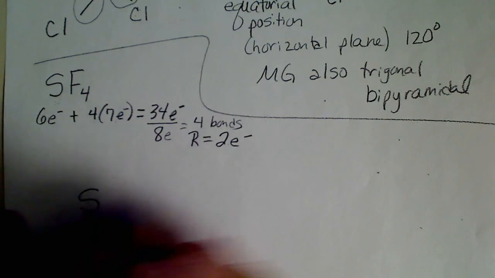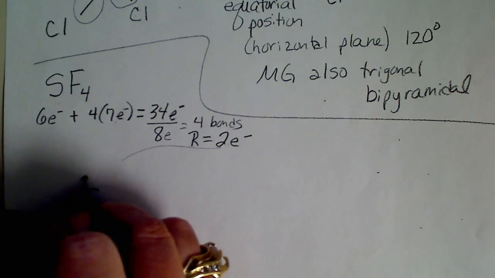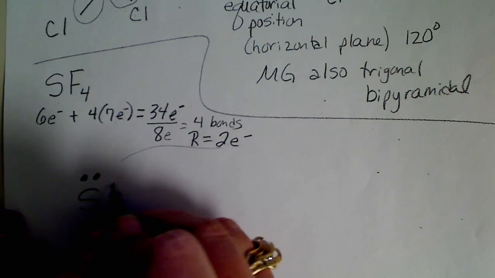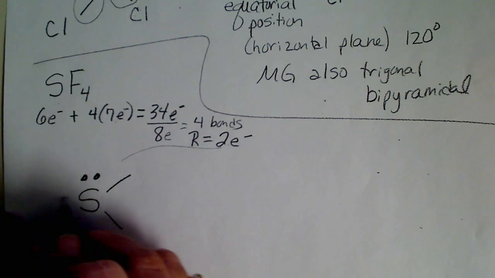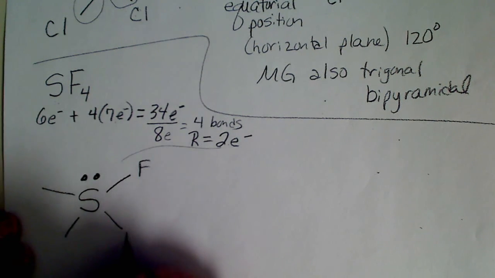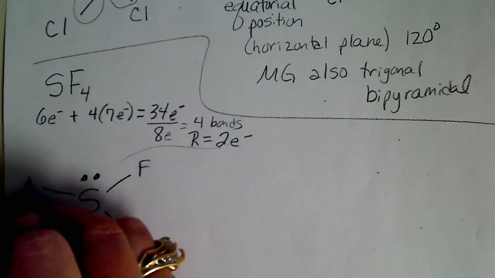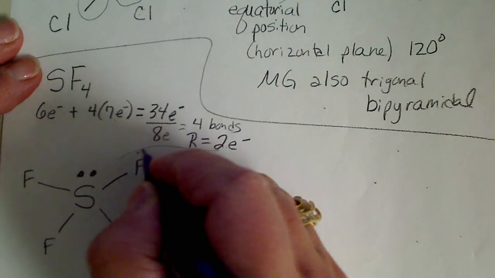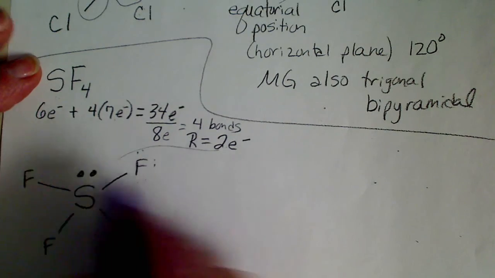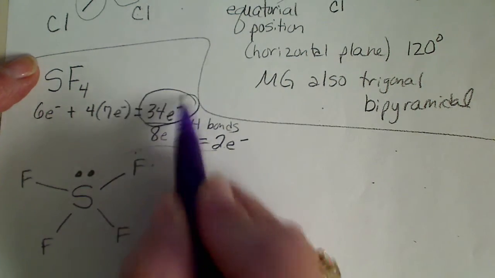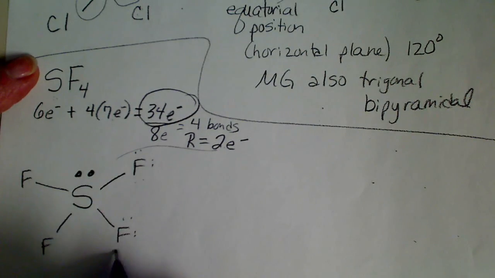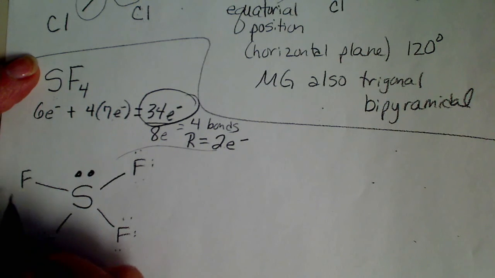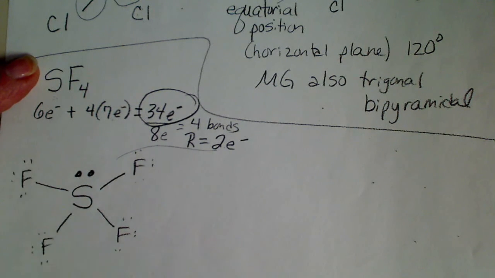So if I put sulfur here, I put that remainder on first, then I connect all 4 fluorines to the sulfur. And if we did the quick dots around everything and counted, we would see that as long as we put all the lone pairs on each fluorine, this structure will have 34 electrons.